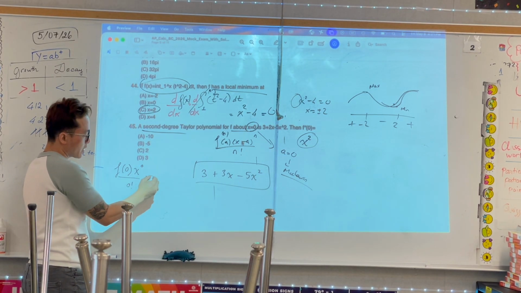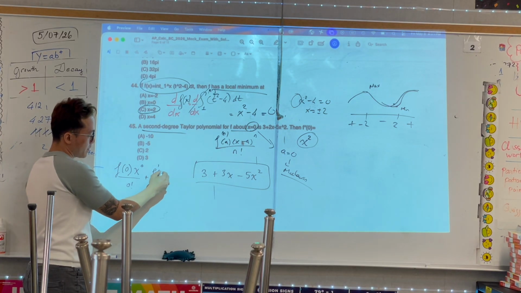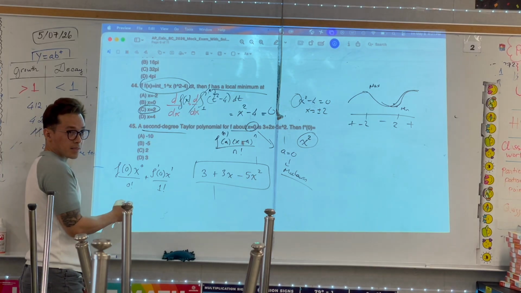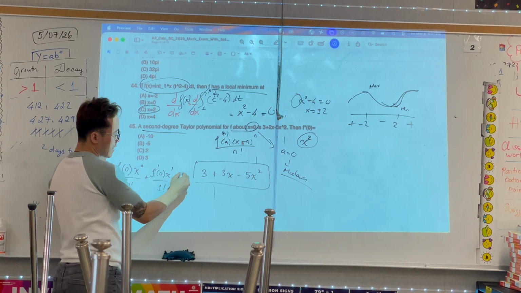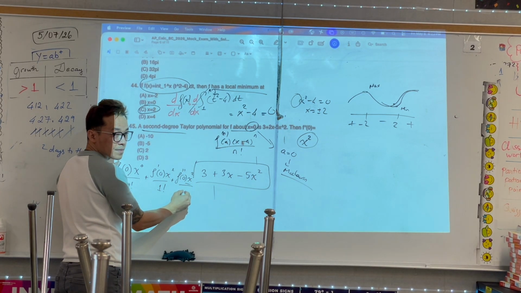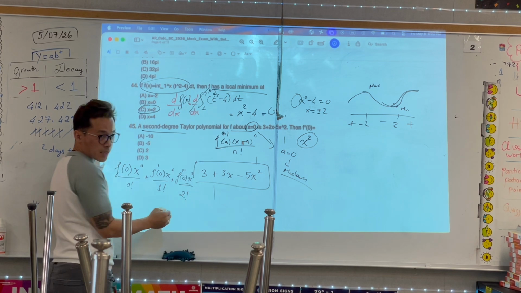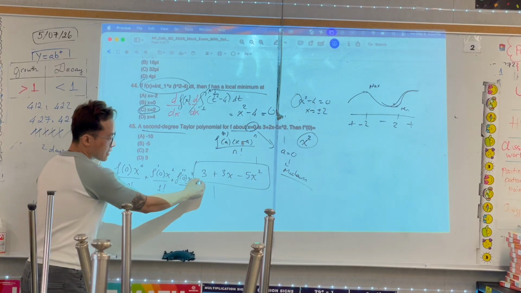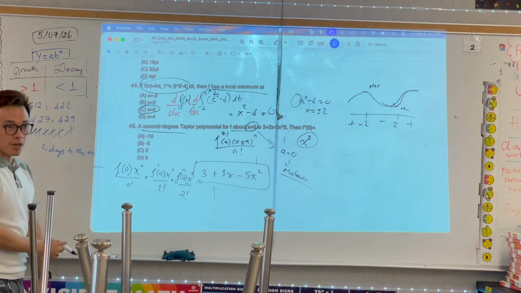First degree: f prime x to the power 1. Second degree: f double prime x squared over 2 factorial. Then the third degree, same thing. You can keep increasing it. They're just asking you to match the terms.